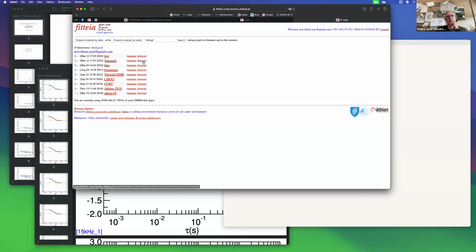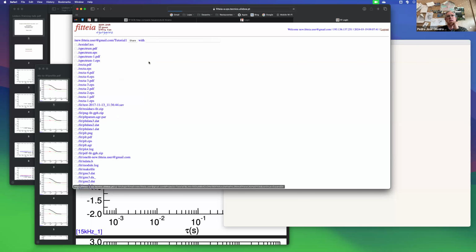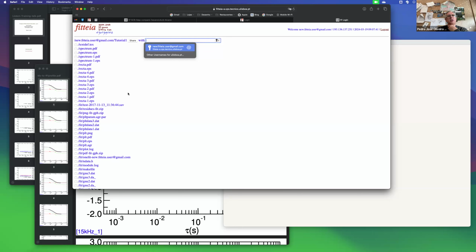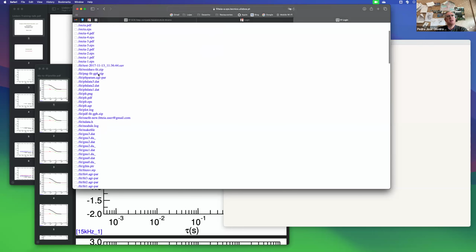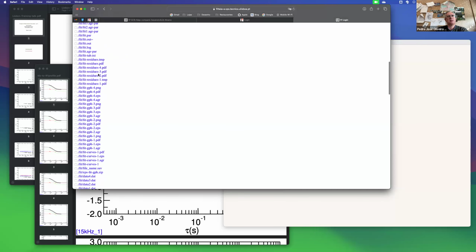So that's browse. In manage, you have a different perspective of the contents of the folder because you still are presented with the files.